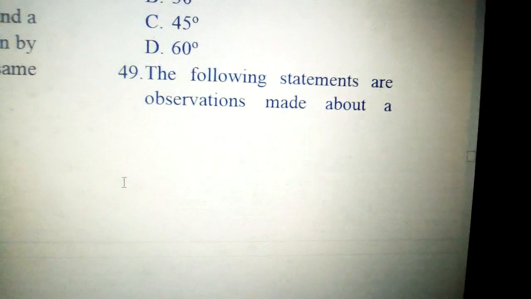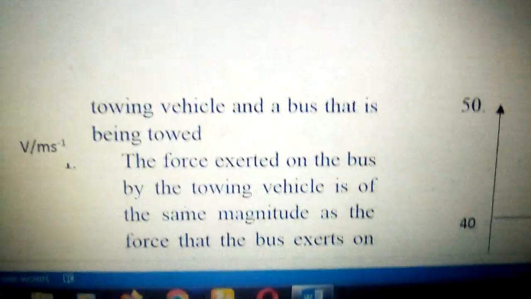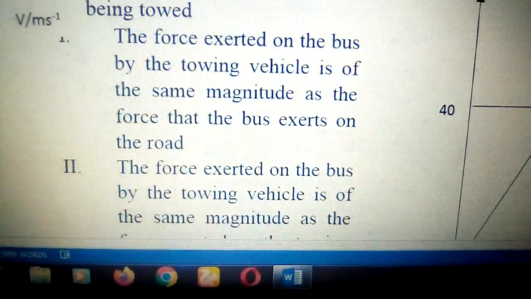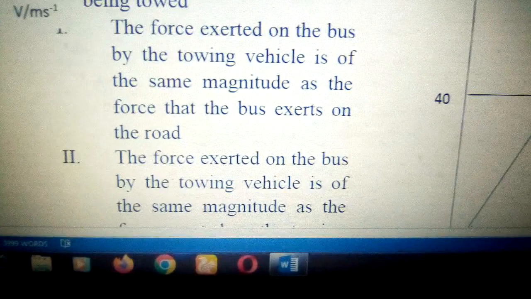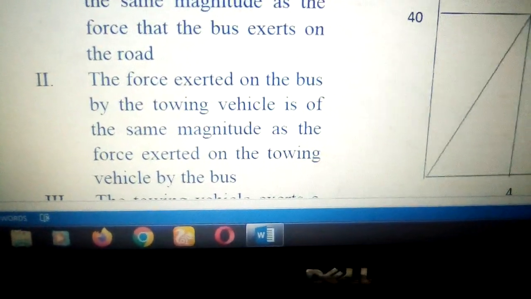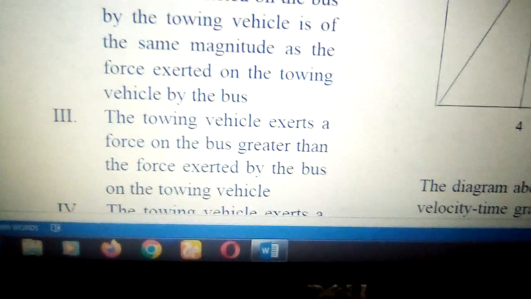Number 49. The following statements are observations made about a towing vehicle and a bus that is being towed. 1. The force exerted on the bus by the towing vehicle is of the same magnitude as the force that the bus exerts on the road. 2. The force exerted on the bus by the towing vehicle is of the same magnitude as the force exerted on the towing vehicle by the bus. 3.